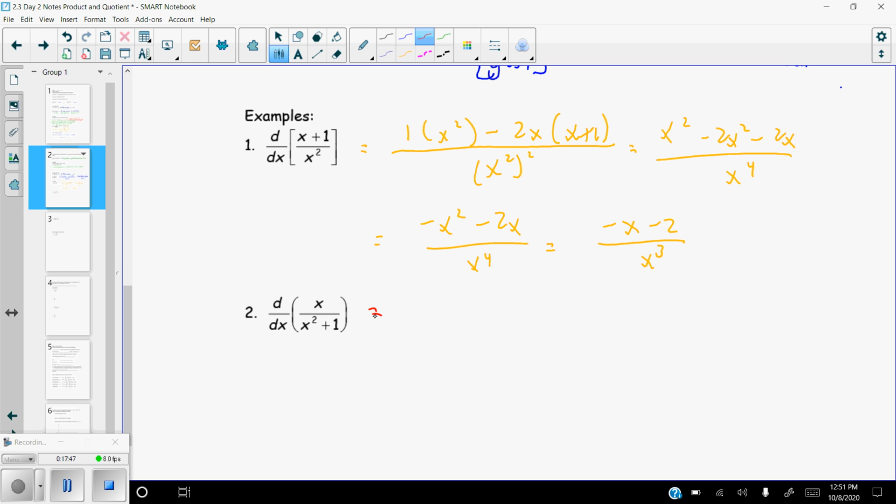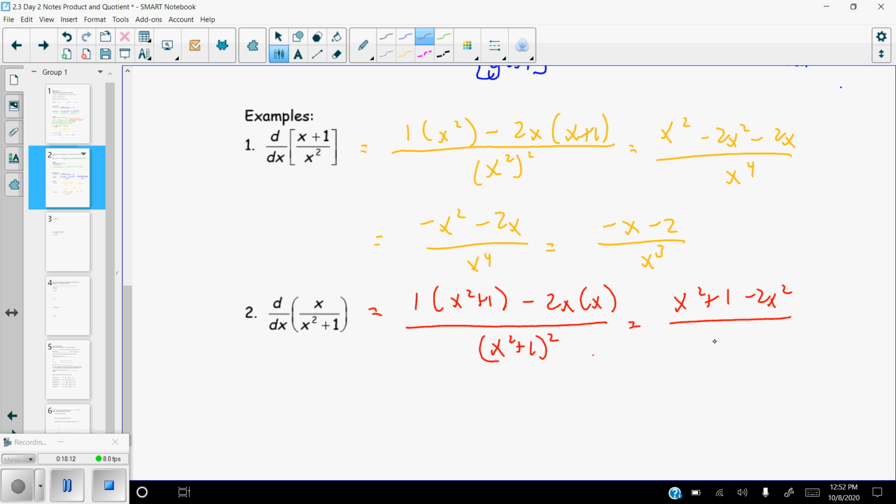So the derivative of the top is 1 times the bottom, minus the derivative of the bottom, 2x, times the top, all over the denominator squared. We'll simplify it. So I've got x squared plus 1 minus 2x squared over x squared plus 1 squared.